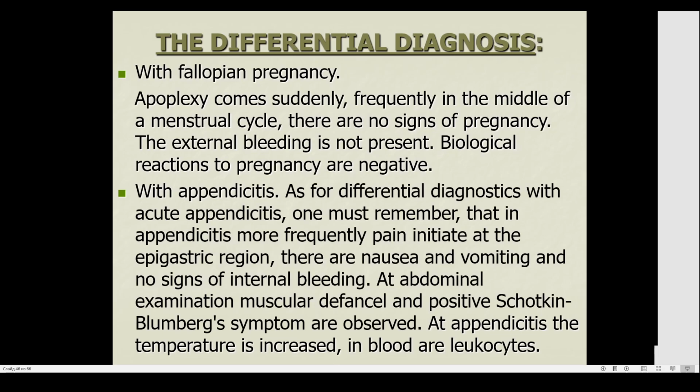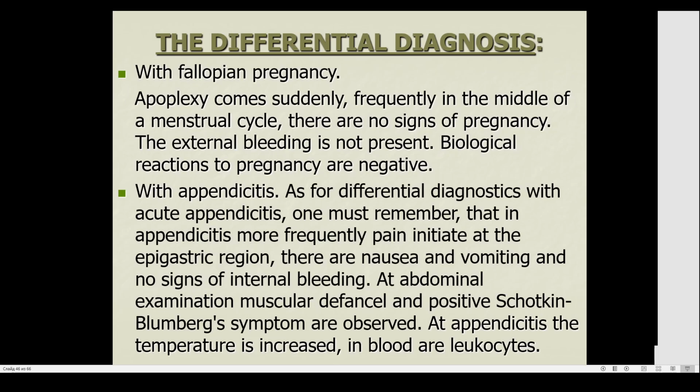Additionally, we must differentiate ovarian apoplexy from appendicitis. As for differential diagnostics with acute appendicitis, one must remember that in appendicitis pain more frequently begins in the epigastric region. There are nausea and vomiting and no signs of internal bleeding.